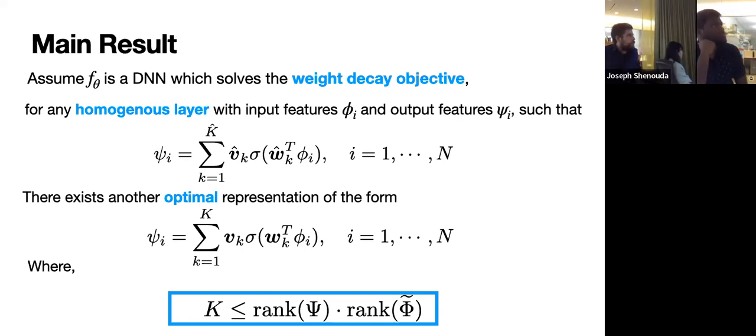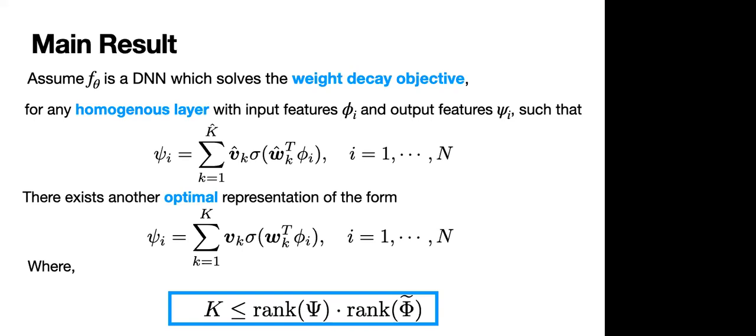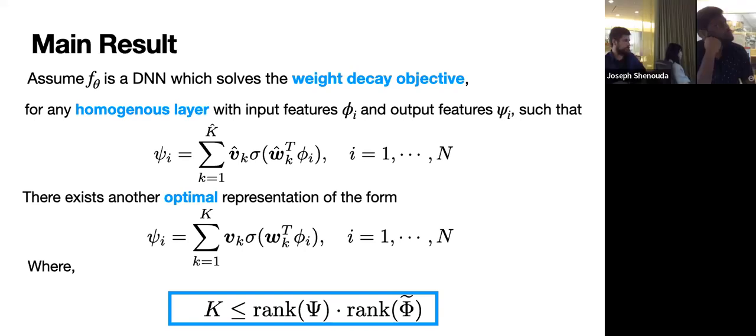So what's the tightest bound you can get? Right here you could get a V hat and a W hat that's full rank, and that will give you n times d. But another function you learn could be lower rank. So just curious how to find the optimal one.